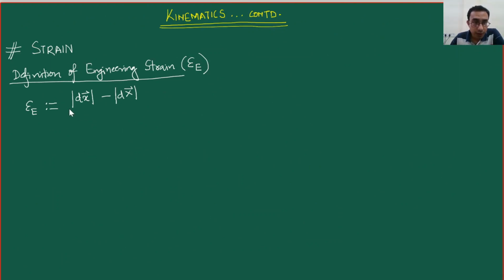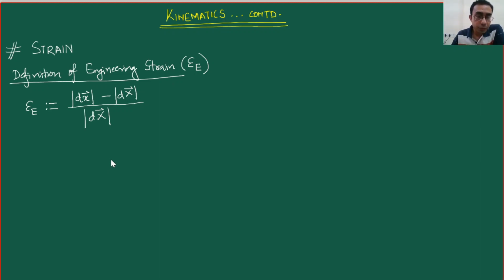So that goes in the numerator, and in the denominator we have just this d capital X vector. So this is the raw definition of the engineering strain.